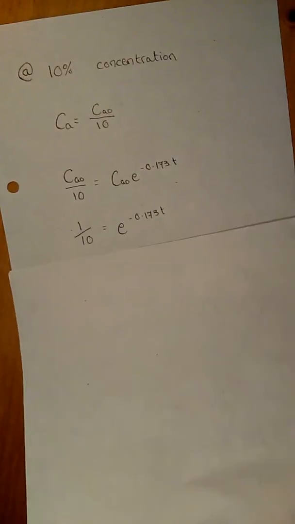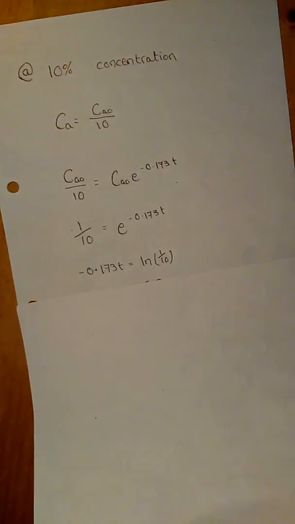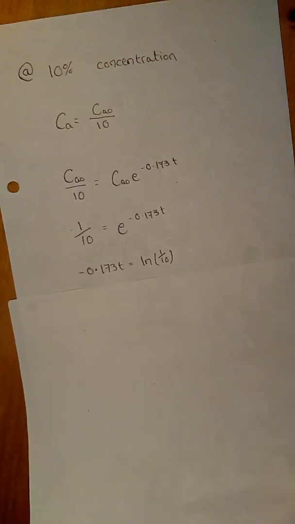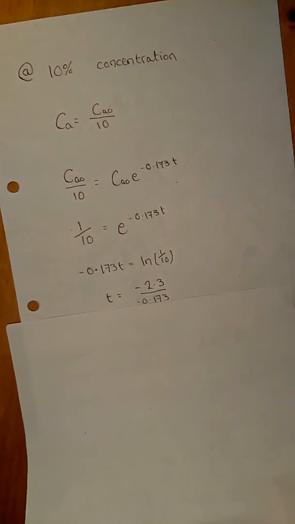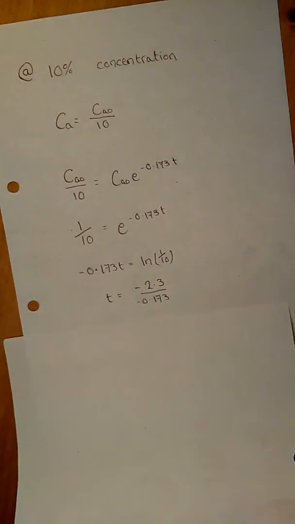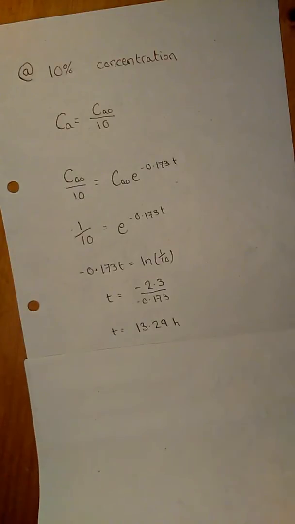Rearranging, we get the following equation, and rearranging again, we get that minus 0.173 times time is equal to the natural log of 1 over 10, which gives us an equation for time, which solved gives us the answer.